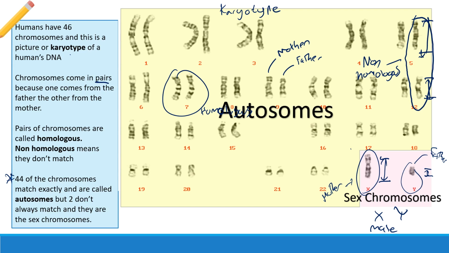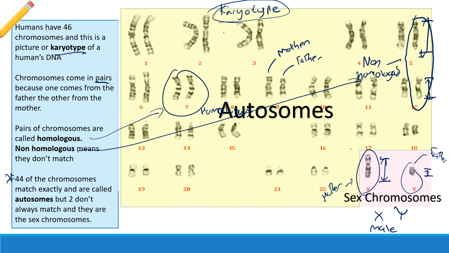Let's really quickly go through the main new terms here. Karyotype means all of the DNA. Homologous means two that match. Non-homologous means two that don't match.